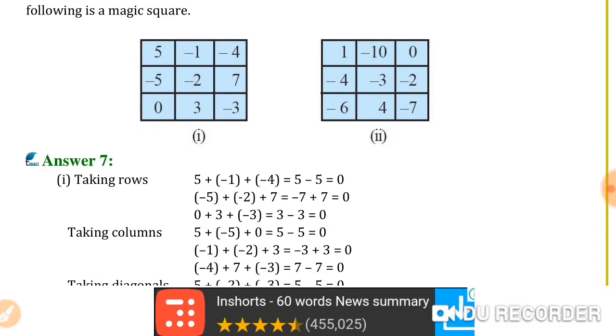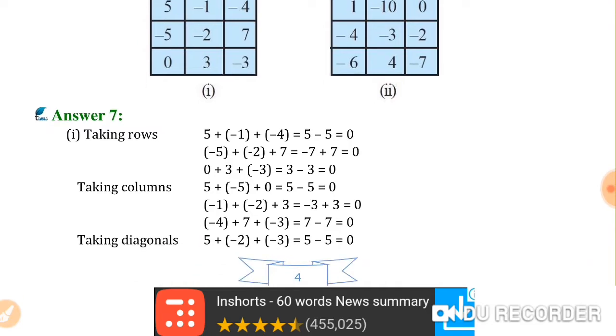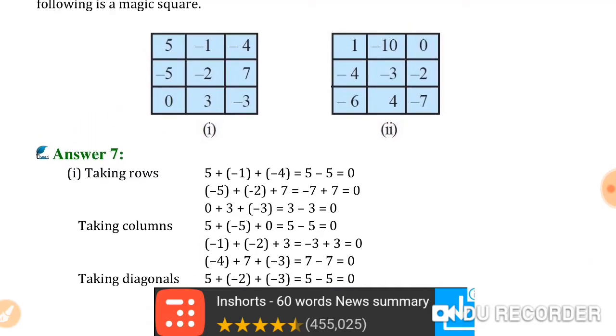You learn how to create a magic square in the higher classes. Here, to check whether it is a magic square or not, we have to add the rows, columns, and the diagonals. So first I'll take the rows. 5 plus minus 1 plus minus 4.